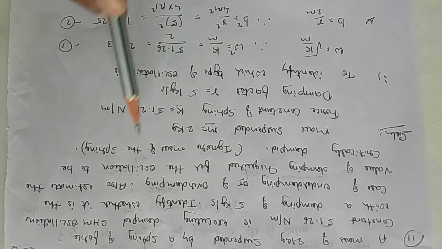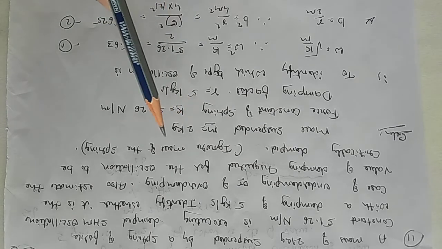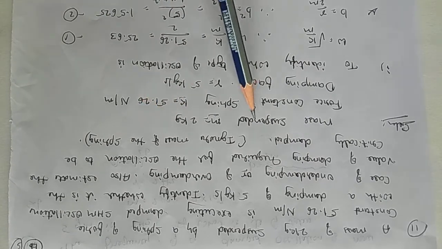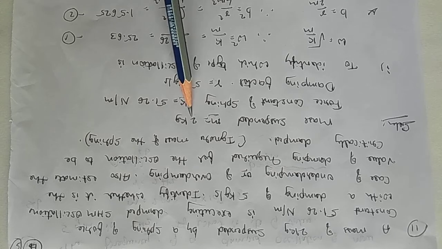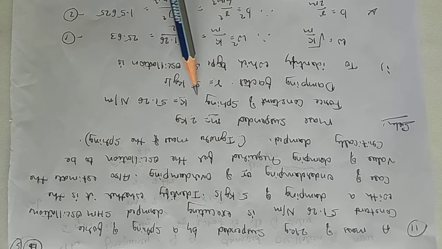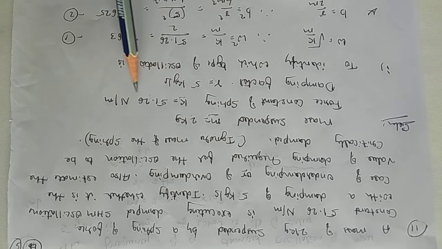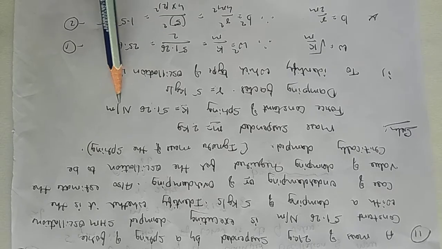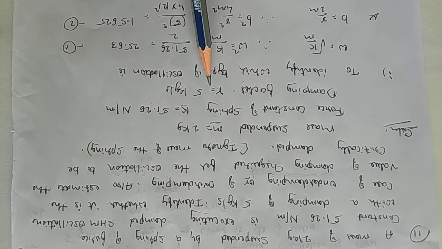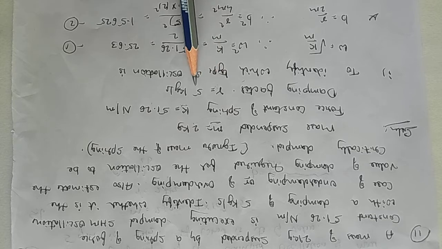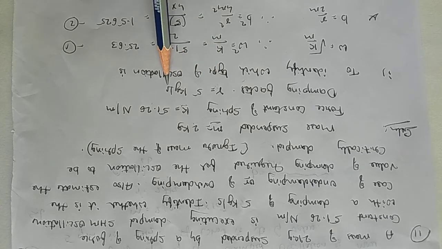It is given that the mass of the spring is ignored. So as I said, the 2 kg mass is suspended, the spring constant is 51.26 Newton per meter, and the damping factor is R equal to 5 kg per second.